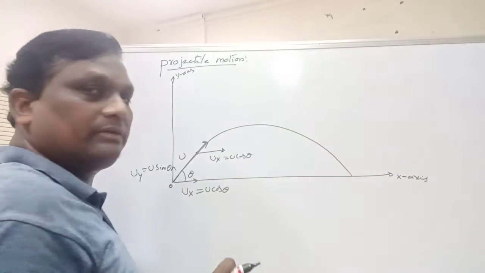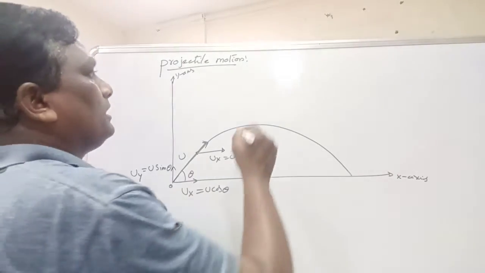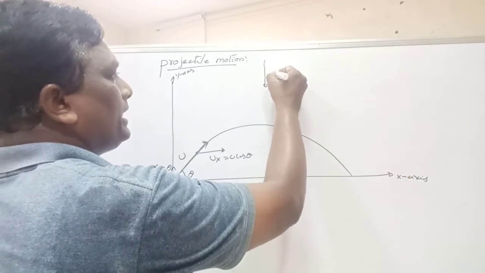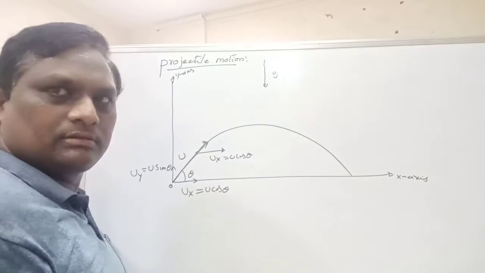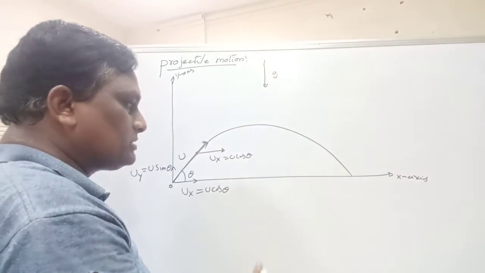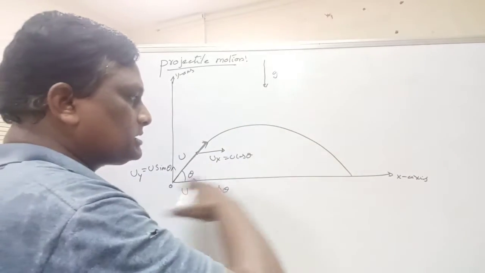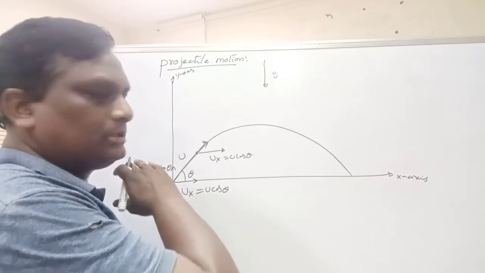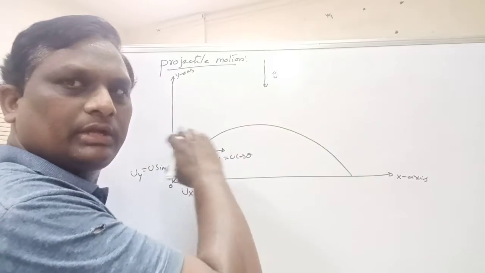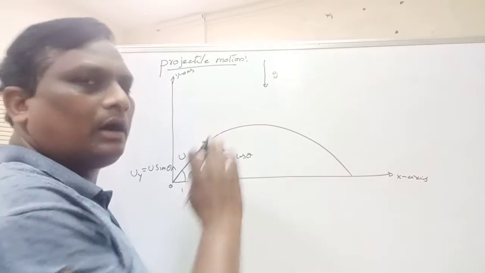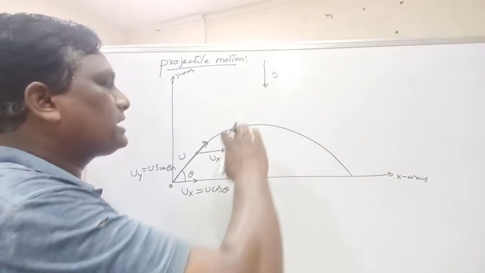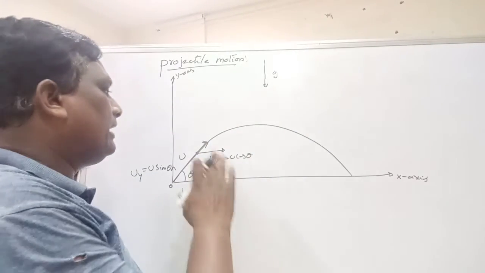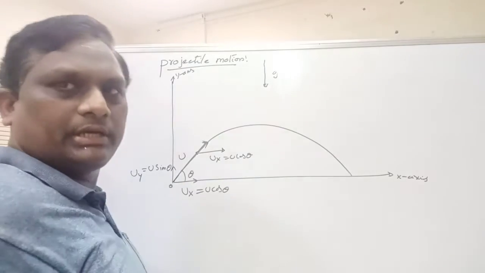Because acceleration due to gravity works either in upward or downward direction, perpendicular to the horizontal surface. So there is no acceleration due to gravity along horizontal, and gravity will not work along horizontal.